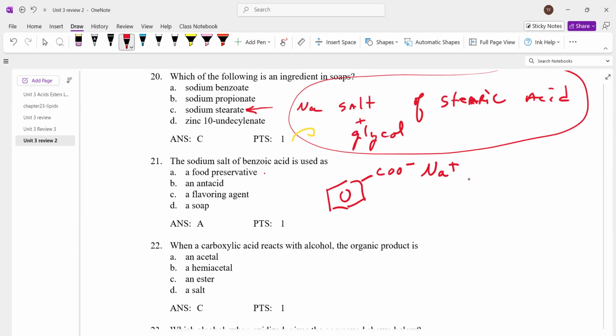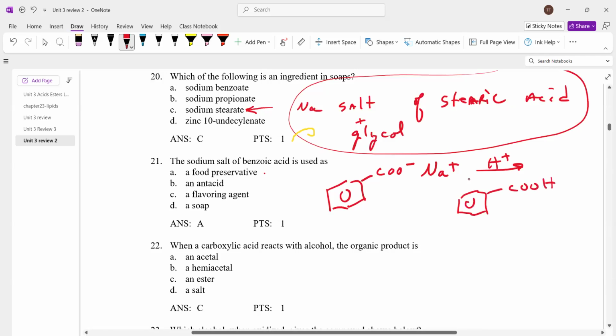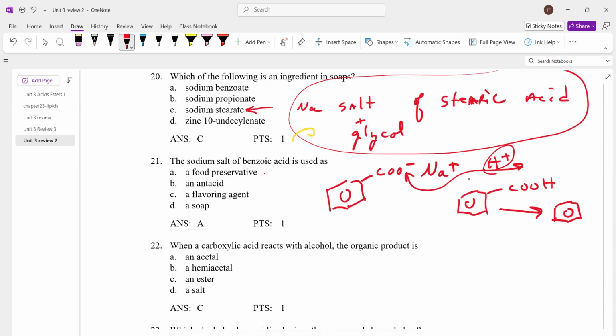In an acidic environment, that would turn to benzoic acid, because that would protonate that. And benzoic acid can be converted to benzene enzymatically by certain bacteria. Benzene happens to be a very bad carcinogen. So that's one of the issues with sodium benzoate as a preservative.